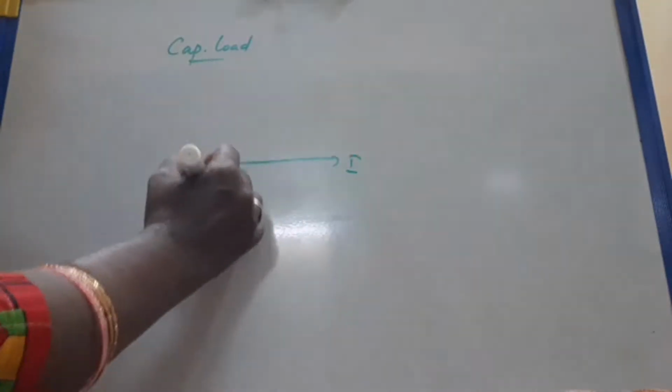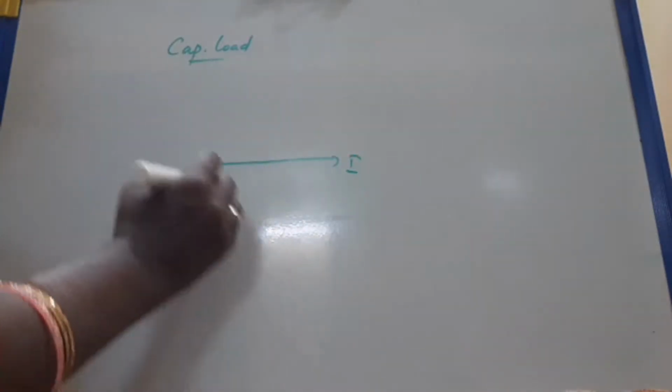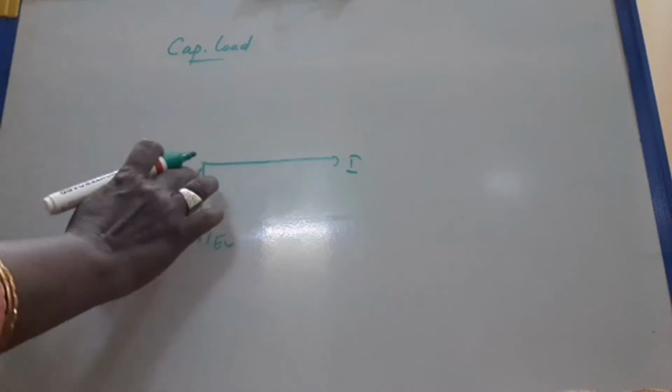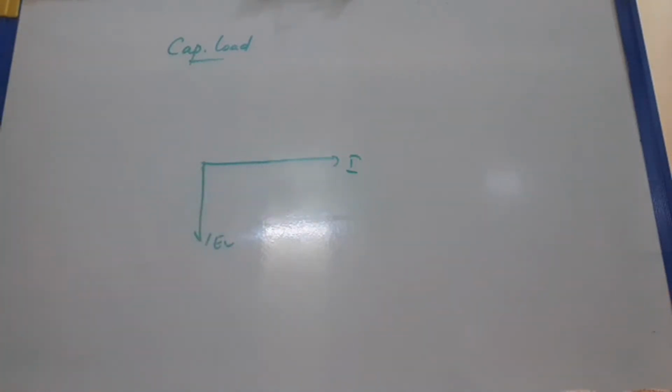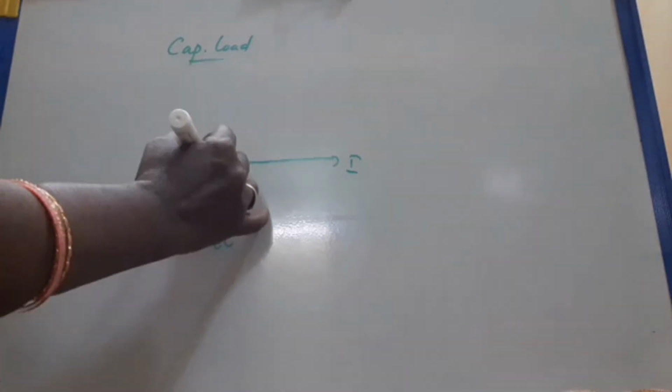Similarly, for a capacitive load, I is the reference, E2 is the induced EMF, and I2 will lead E2 as well as V2.